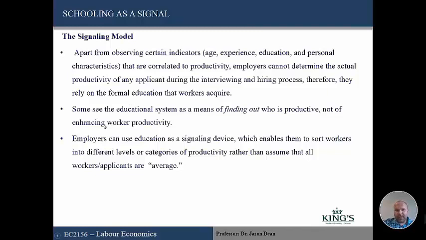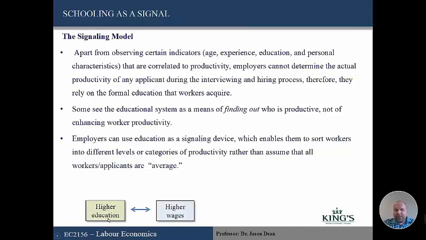So we're saying that the educational system is sort of a sorting mechanism. It's a way of finding out who is productive. Employers can use education as a signaling device, which enables them to sort workers into different levels or categories of productivity, rather than assume all applicants are average.